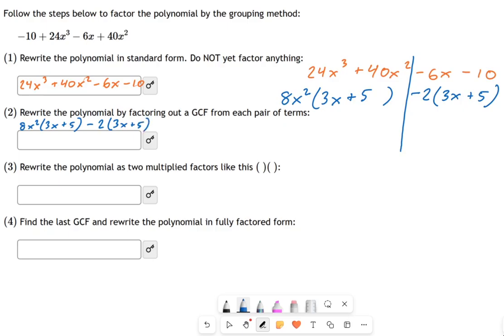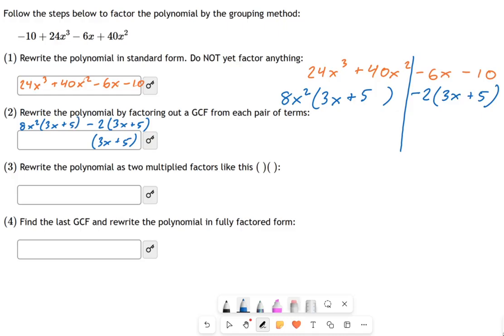And now to write it as two multiplied factors in this form, with the two parentheses there, you have to remember this trick for factor by grouping. Whatever the common factor was, this 3x plus 5 right there, that gets its own parentheses. So I'll show you what that looks like. That looks like a parentheses down here, just like 3x plus 5.